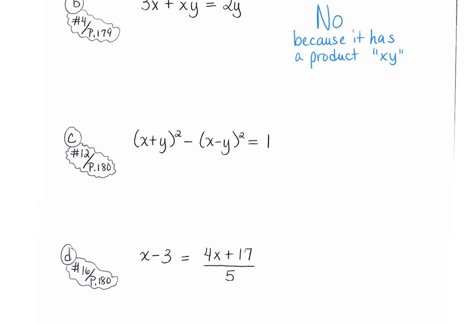Okay? C. We have the quantity x plus y squared minus the quantity x minus y squared equals 1. As it is given, is it a line? What would help us determine if this is a line? I can't hear you.